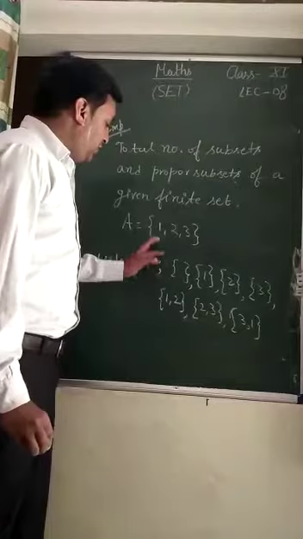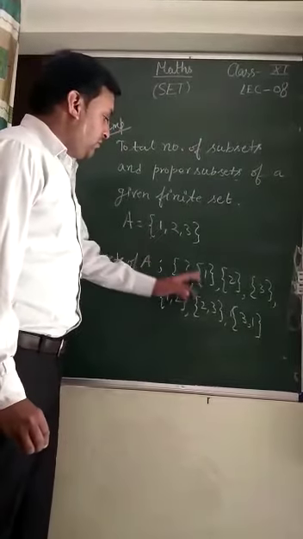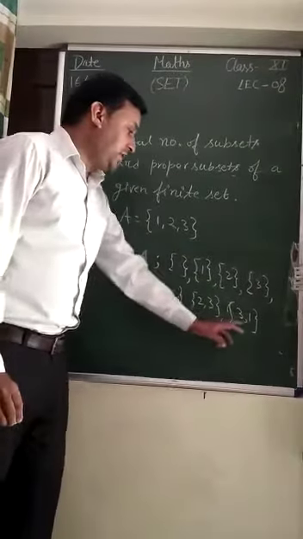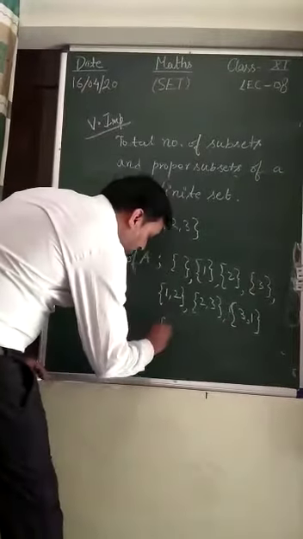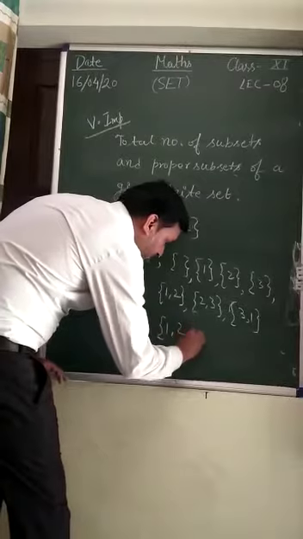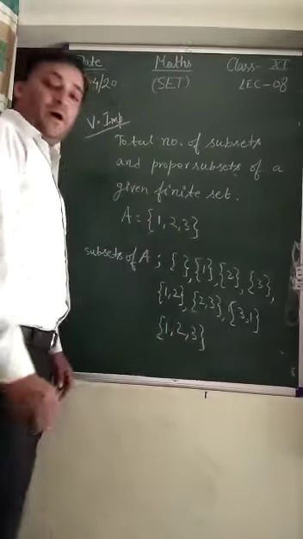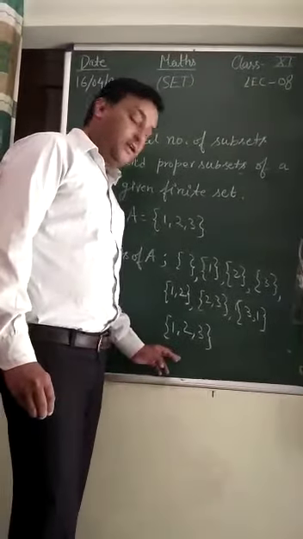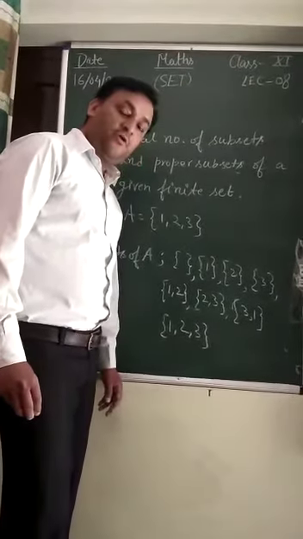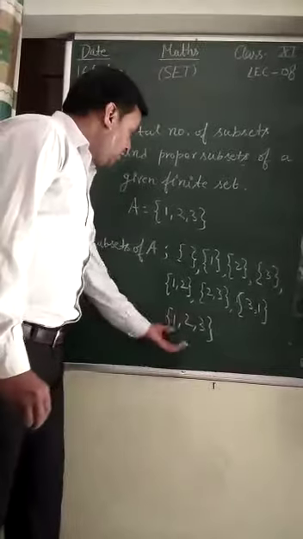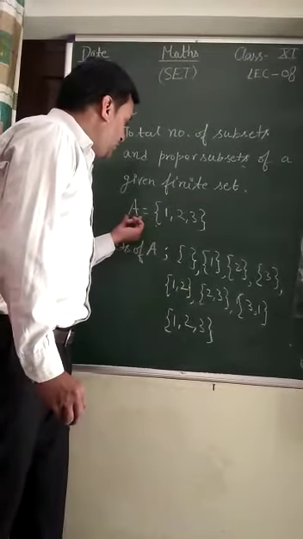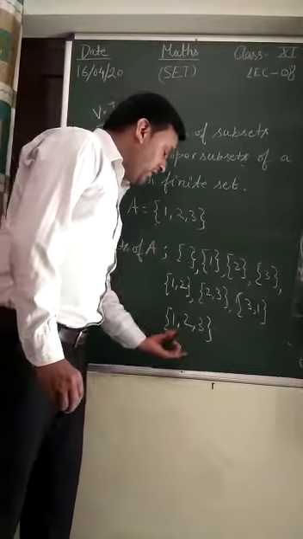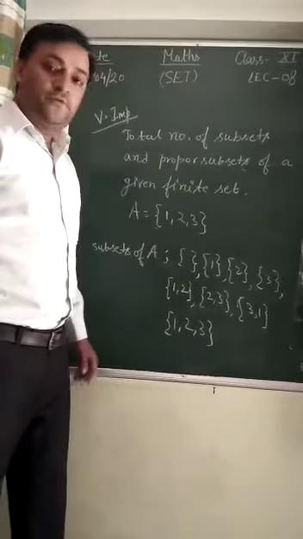So we take the empty set, singleton sets, and two elements at one time, and we can also write all the elements {1, 2, 3}, because yesterday we noted a second point, that every set is a subset of itself. So {1, 2, 3} is also a subset of this set.